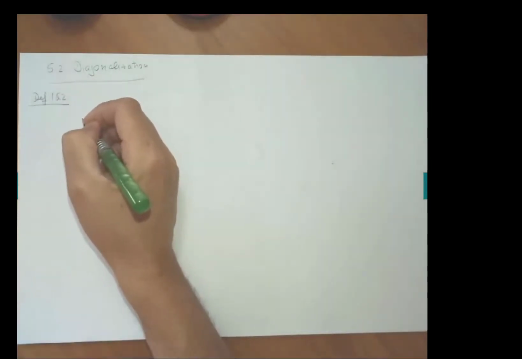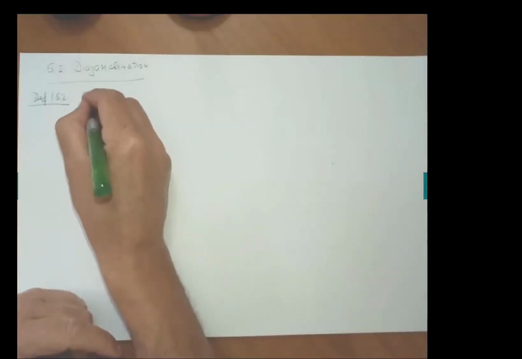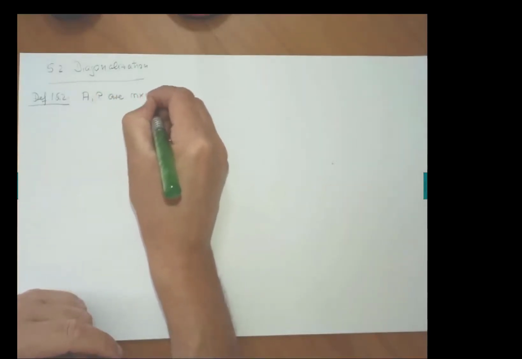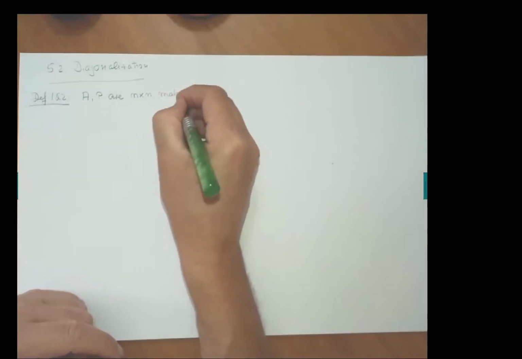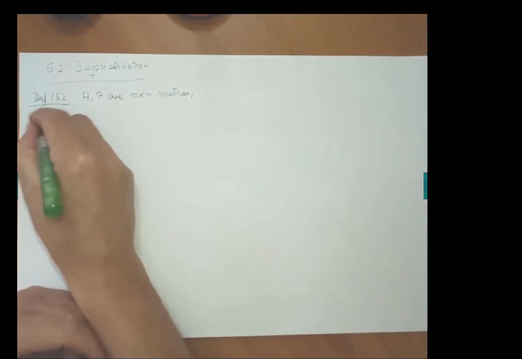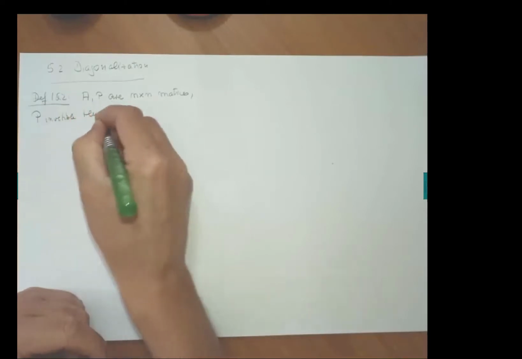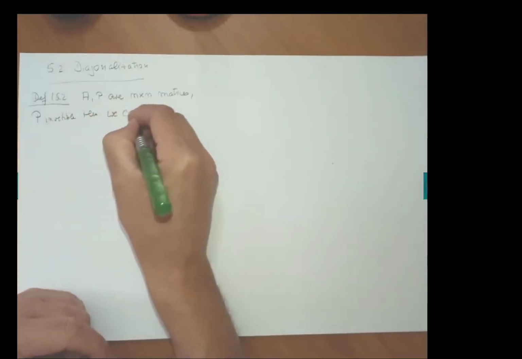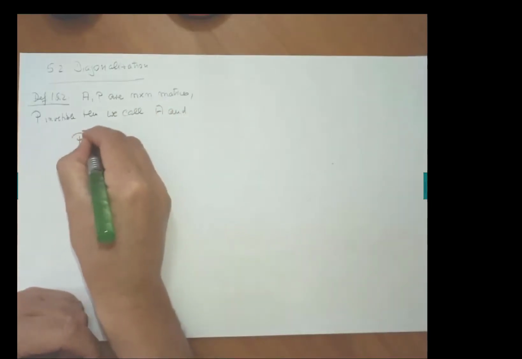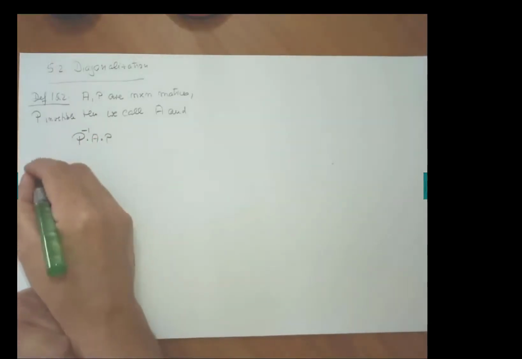So the first thing is what we call a similar matrix. If A and P are n by n matrices, P invertible, then we call A and P inverse times A times P similar.